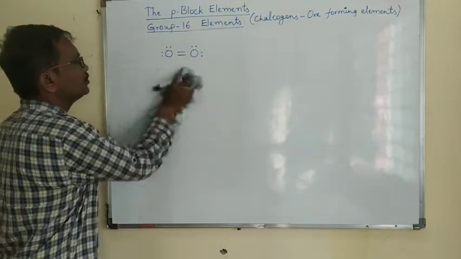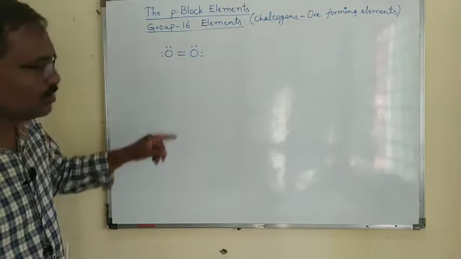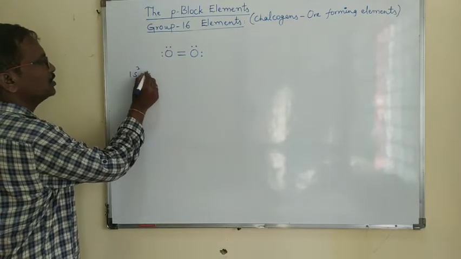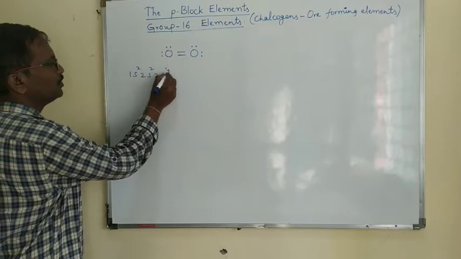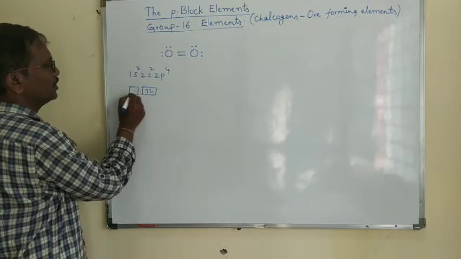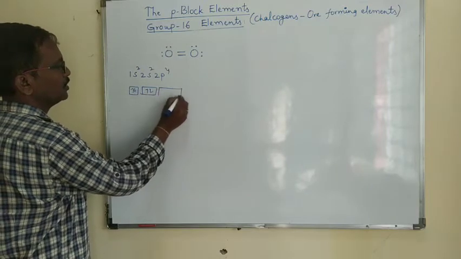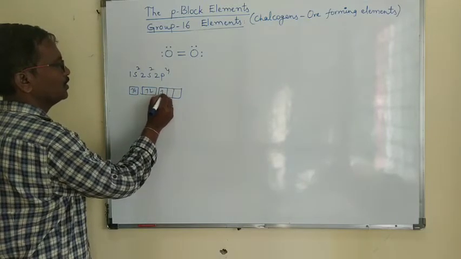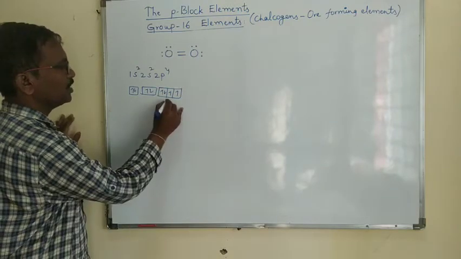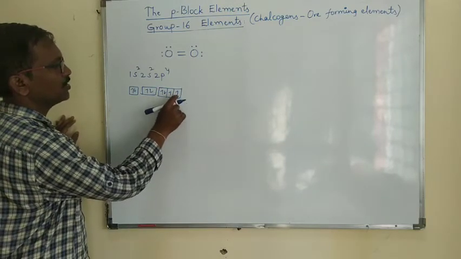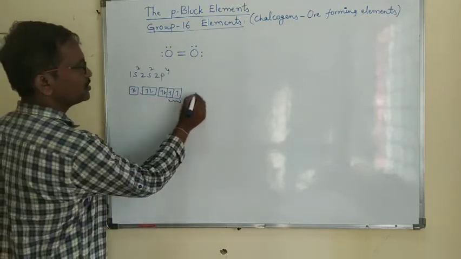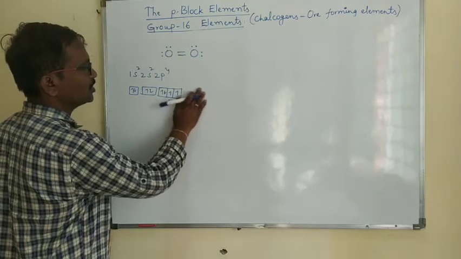So how is it two lone pairs? Just write the atomic number. 1s2, 2s2, 2p4, right? These two electrons, a single electron forms the bond with another oxygen, right?